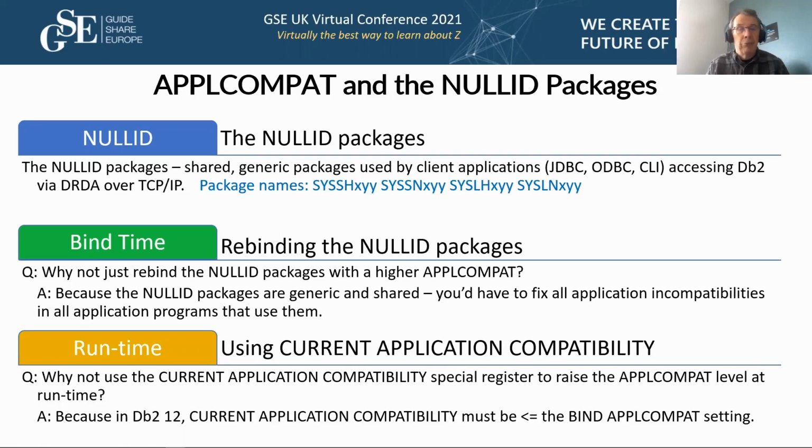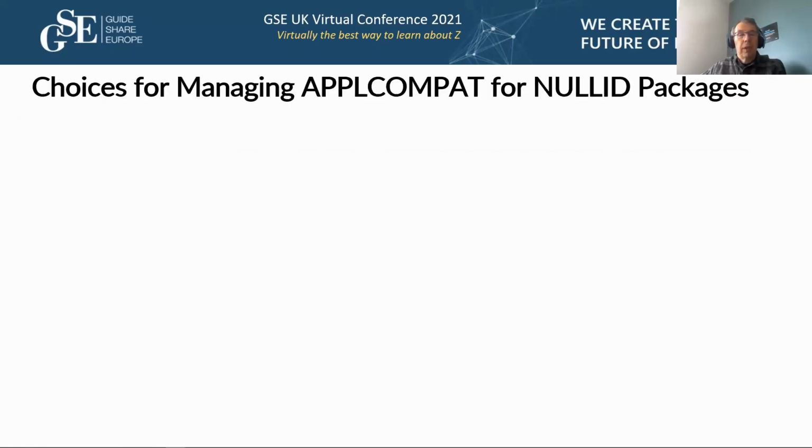So for you to be able to raise the APPLCOMPAT level, what you'd have to do is rebind the null ID packages with the highest possible APPLCOMPAT level you wanted, and then you'd have to modify all the ones that you haven't fixed yet to use a lower APPLCOMPAT level, which is not a very attractive proposition.